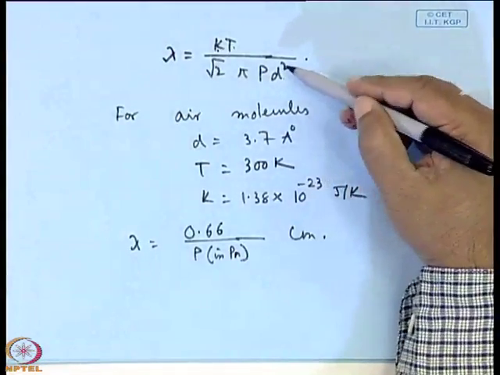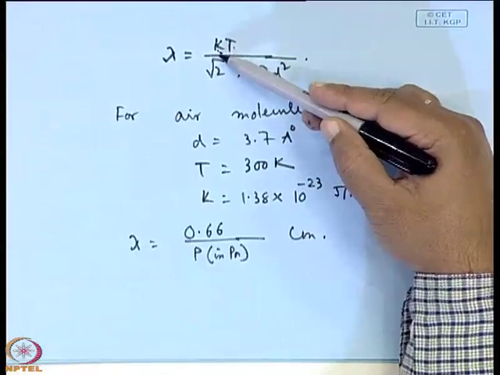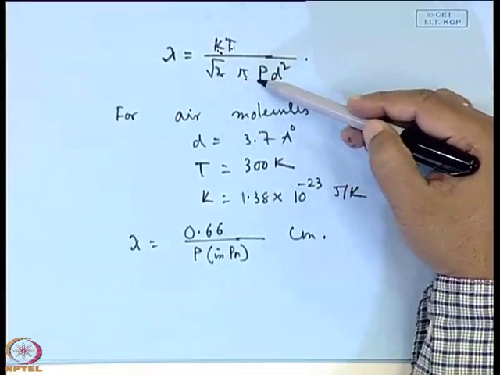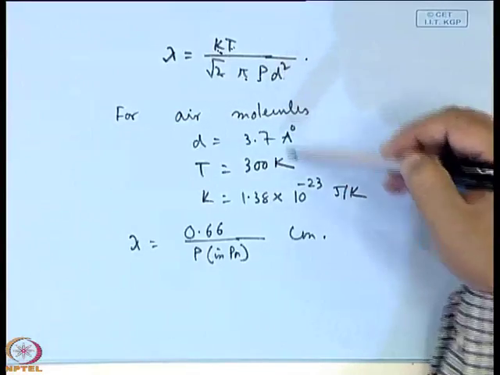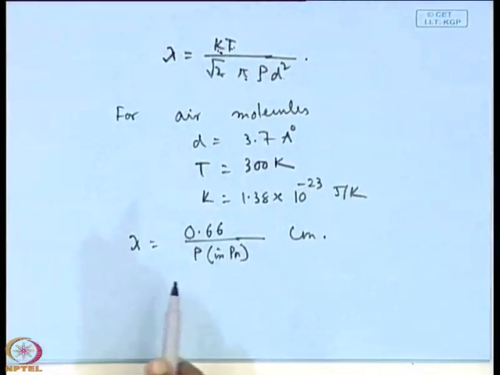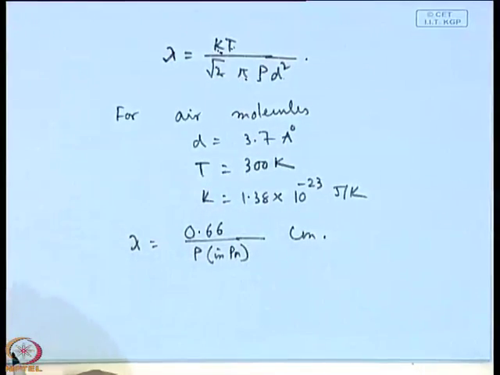That means in this expression I have put the value of k, then t, then root 2 pi, then d square, d is 3.7 angstrom, this is for air molecules, then lambda becomes this, with p in Pascal.